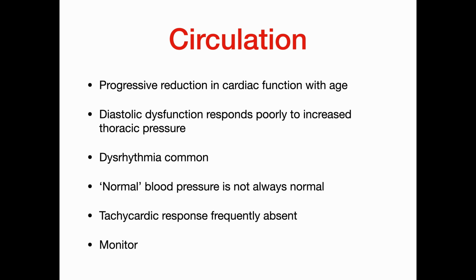You may find that there's sick sinus, so you just do not get a tachycardia under any circumstances, or a pacemaker where you cannot make a tachycardia happen. And your normal blood pressure of 110/70 may be vastly different from the patient's normal blood pressure of 200/100, which is what loads and loads of elderly folk are walking around with.